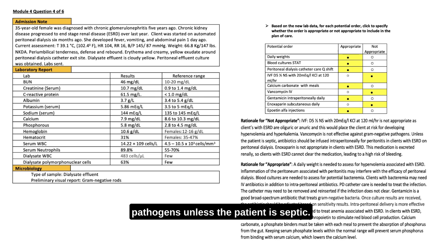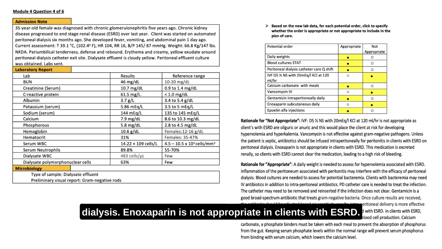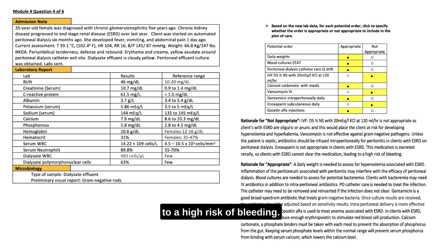Unless the patient is septic, antibiotics should be infused intraperitoneally for peritonitis in clients with ESRD on peritoneal dialysis. Enoxaparin is not appropriate in clients with ESRD. This medication is excreted renally, so clients with ESRD cannot clear the medication, leading to a high risk of bleeding.